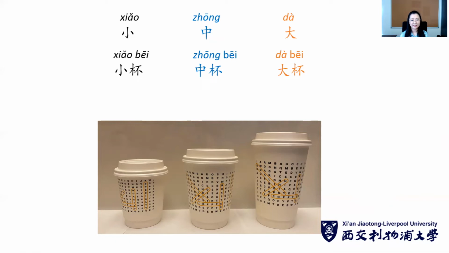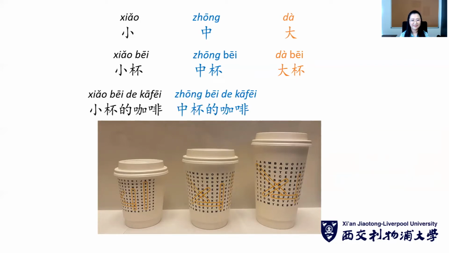To complete my sentence, if I want to say I want a small cup of coffee, 小杯的咖啡. Can you guess how to say medium size of coffee? Yes, 中杯的咖啡. Large size of coffee? 大杯的咖啡.